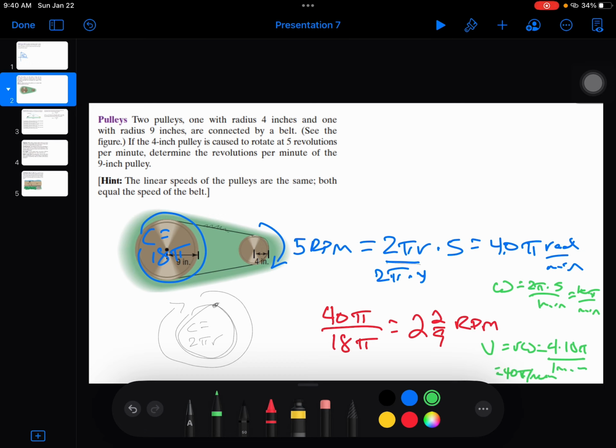So I just looked at the same thing here a couple different ways. And if that belt is moving that distance, then this bigger wheel is going to turn, and however many times it turns to travel that distance along the belt is how many RPMs it takes.